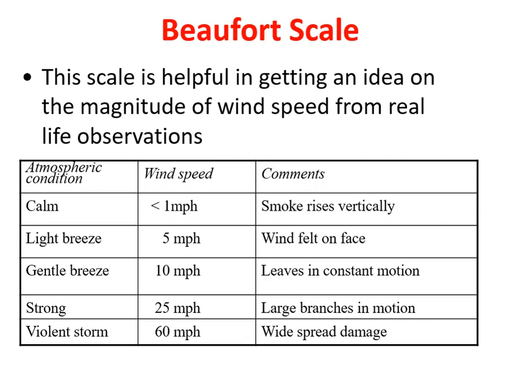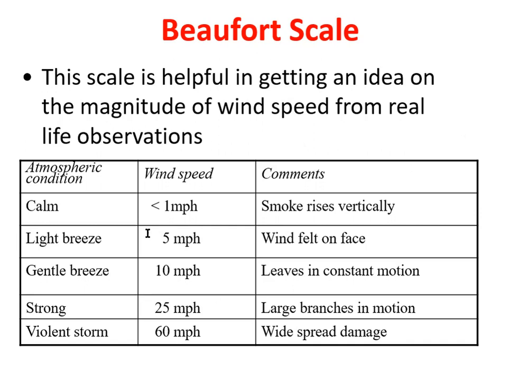There is one scale also which can tell us whether the flow of the air is smooth, or strong or violent, which is called the Beaufort scale. This scale is helpful in getting the idea about the magnitude of the wind speed.